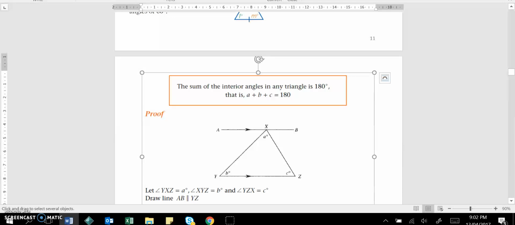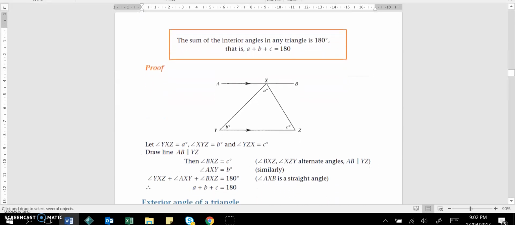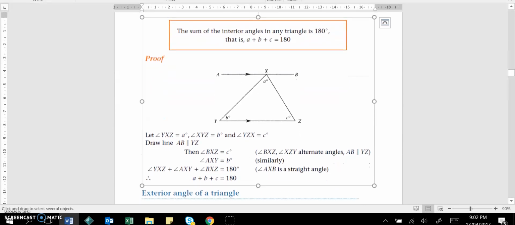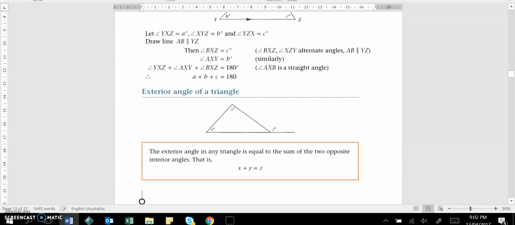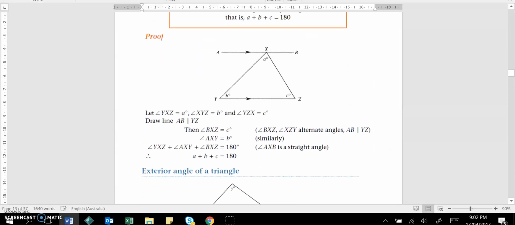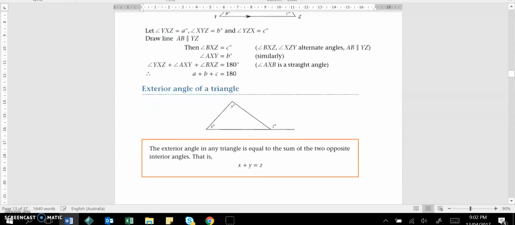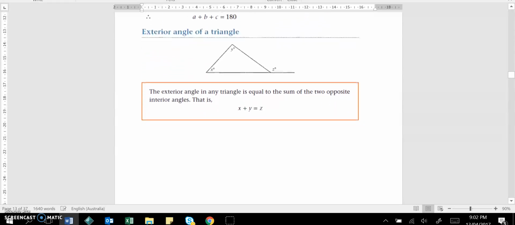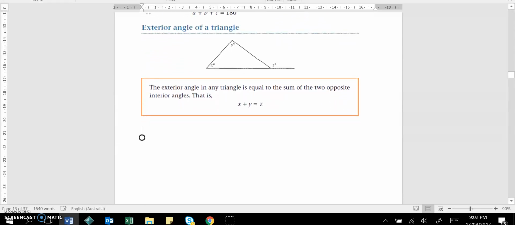So in this course you need to know proofs of things, and one of the proofs that's good for you to know is why the angle sum of a triangle is 180 degrees. It's really important that you have a read through this proof and that you understand it. If not, you need to ask me when I see you next. Same with the exterior angle of a triangle rule.